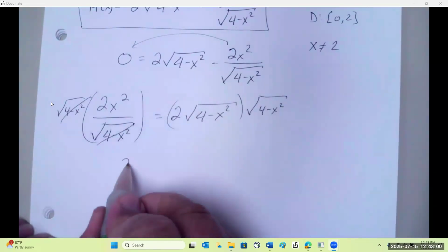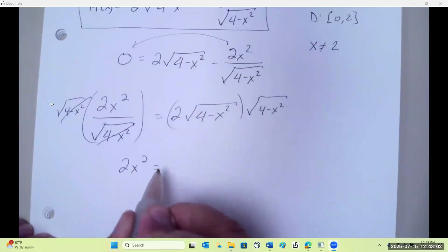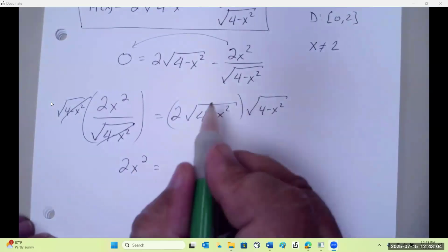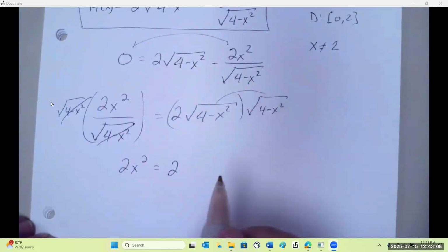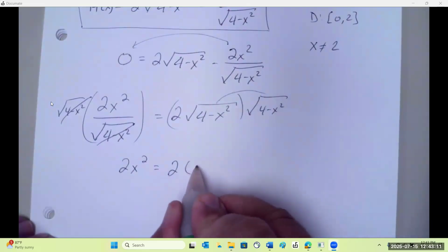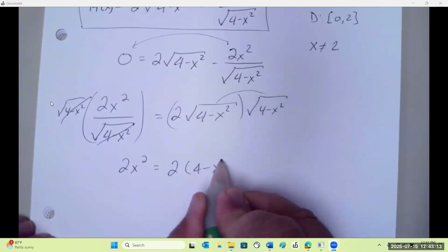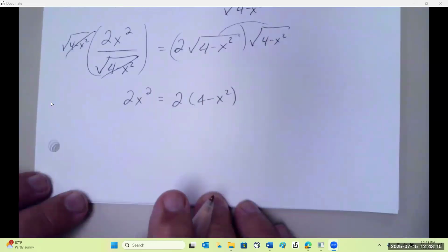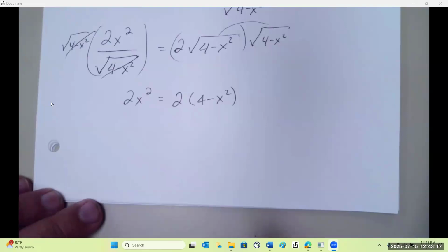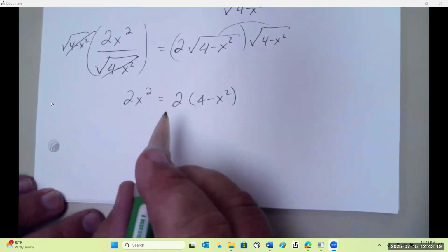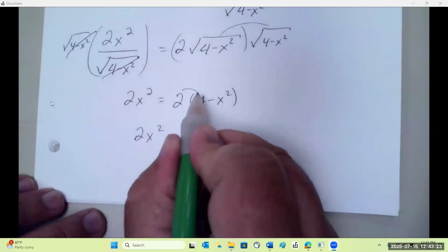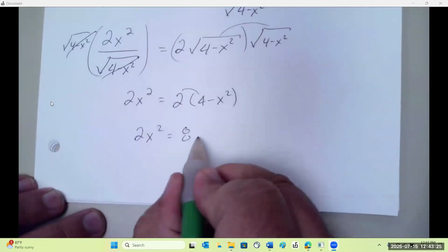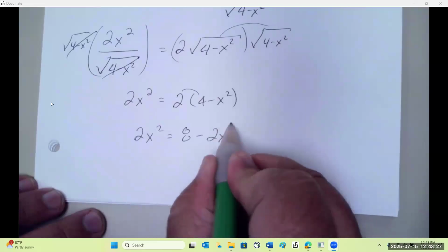These cancel, so we have 2x squared. The square root of 4 minus x squared times the square root of 4 minus x squared is 4 minus x squared. So we got 2x squared equals 8 minus 2x squared.